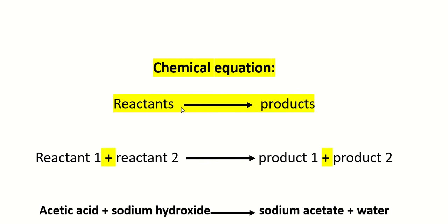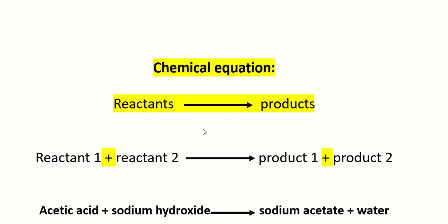Between the reactants and the products we have an arrow. This arrow means give. So instead of writing give or produce or form, we put an arrow. We can read it as: reactants give products.